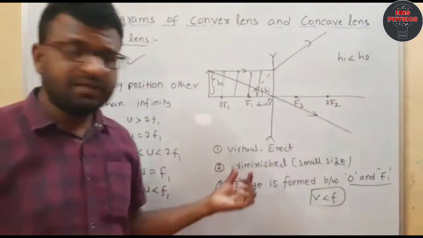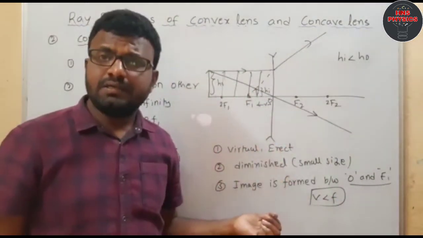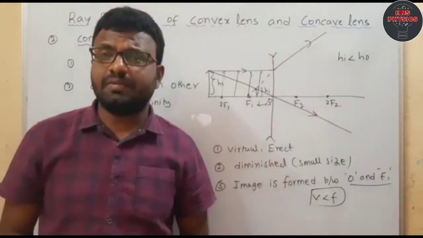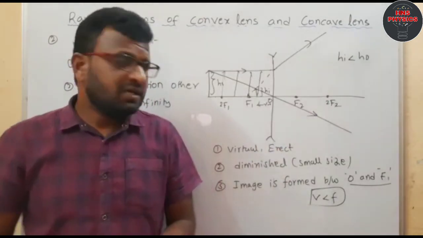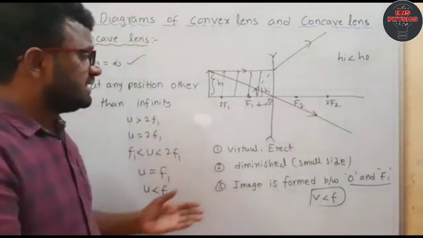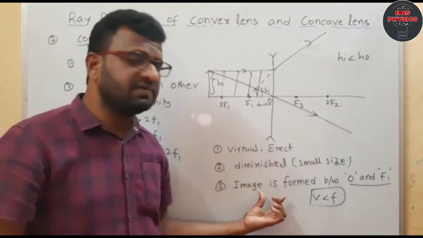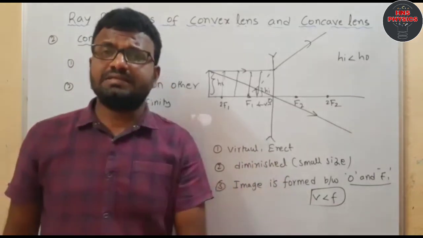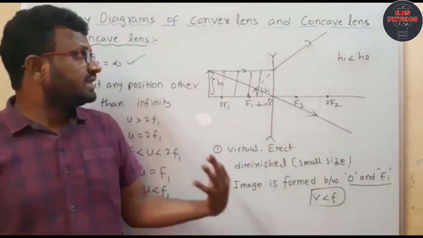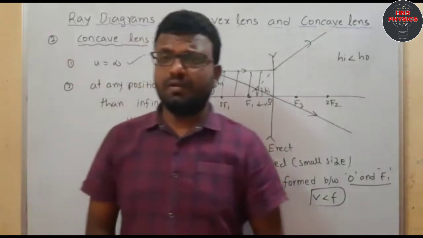That image is virtual and erect, and the image size is diminished. So in all remaining cases, it is the same. This is the nature, this is the size, and the image distance is less than the focal length. So these are the ray diagrams of the concave lens.